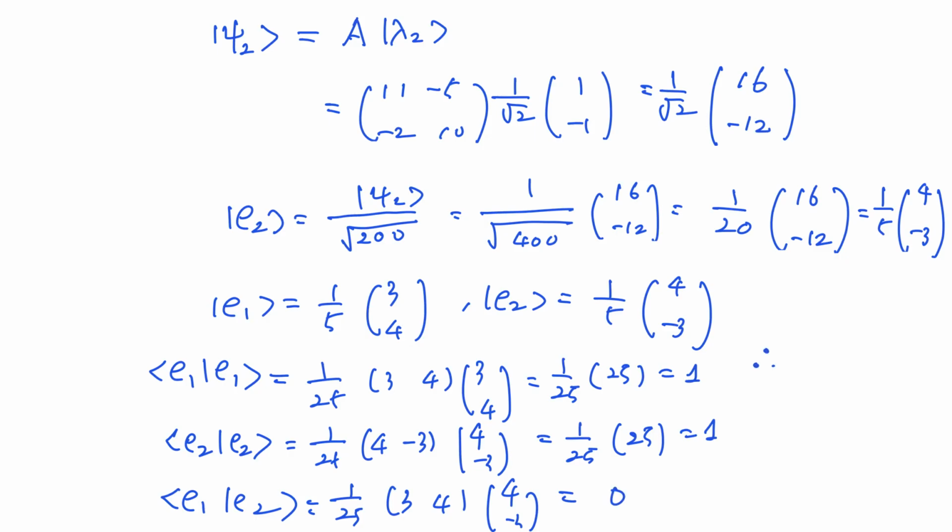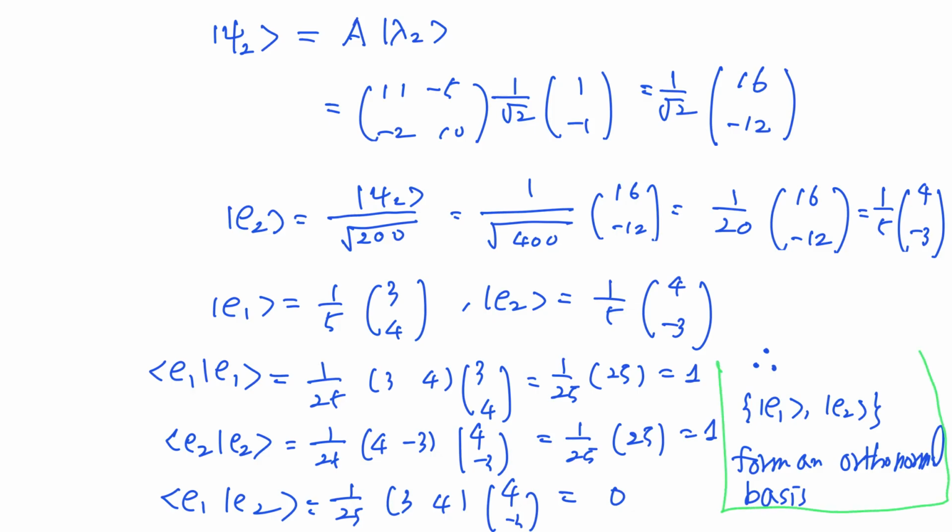So we found that e_1 and e_2 form an orthonormal basis. So we generated another orthonormal basis. Now we define U in the following way.